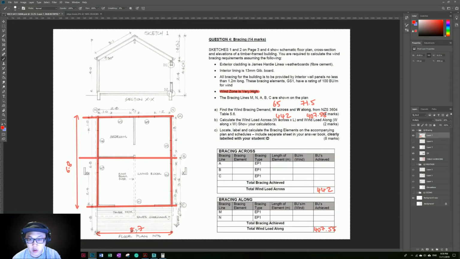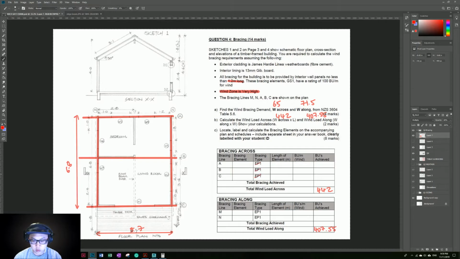Now, all bracing for the building is to be provided by interior wall spans no less than 1.2 long. So this is important. And the bracing element GS1 has a rating of 100 BUs. So actually here, I think that shouldn't be EP1.